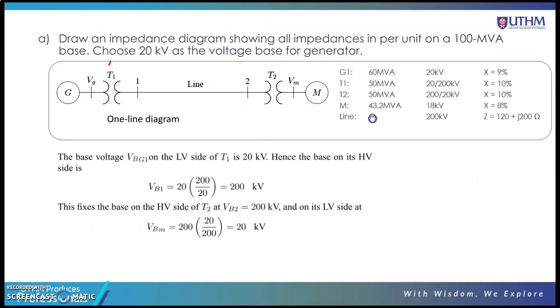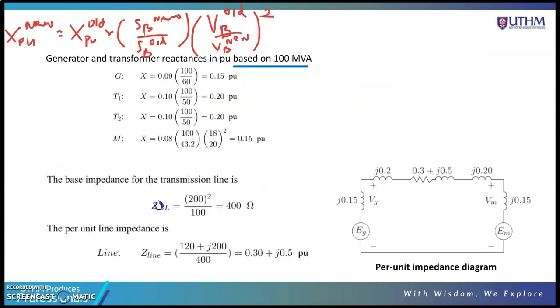Transmission line, you have information of S and Z. You have information of the voltage equal to 200 kilovolt. This is the base value of the transmission line. S base equal to 100. So V base of the transmission line equal to... Z base of the transmission line equal to V base squared divided by S base.